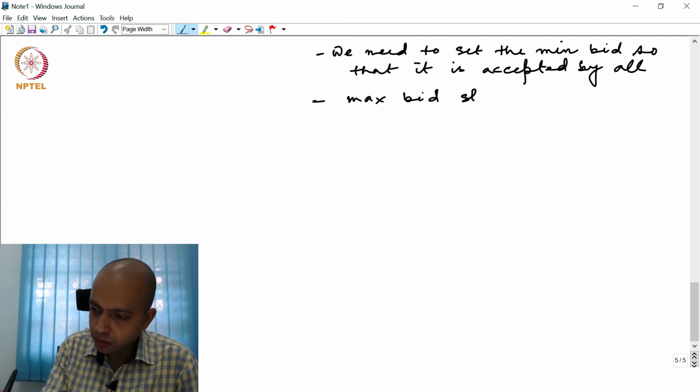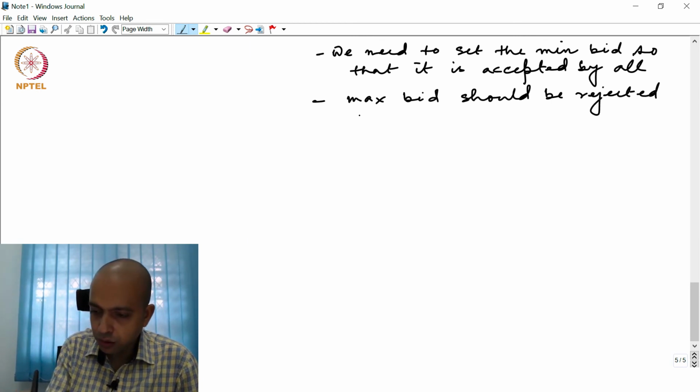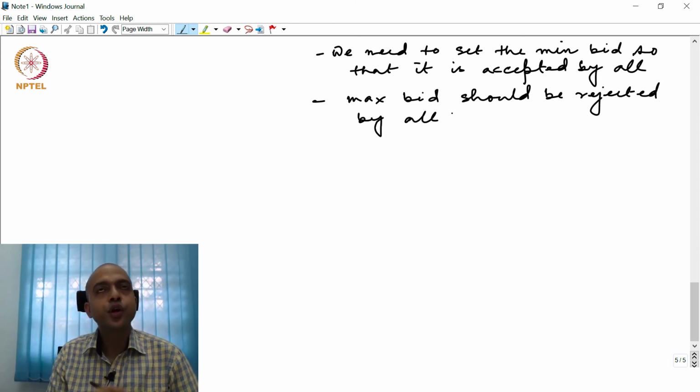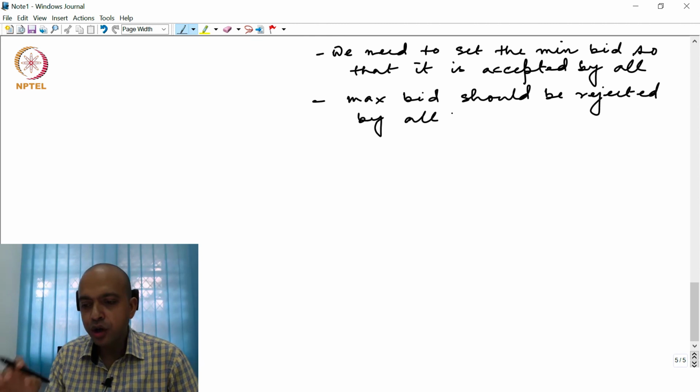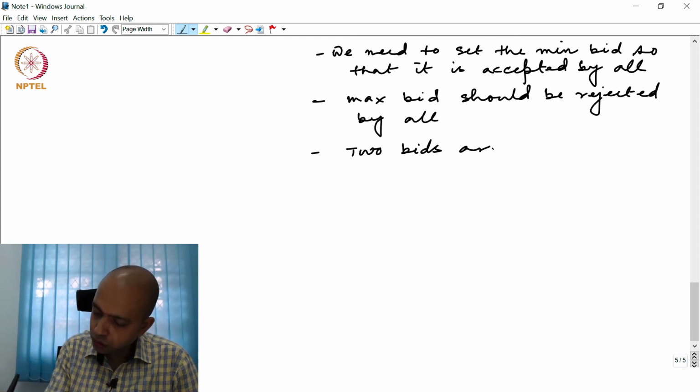And then the maximum bid should be rejected by all. Minimum should be accepted by all, maximum bid should be rejected by all, and then two bids around the average.